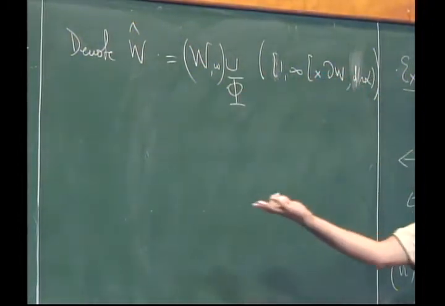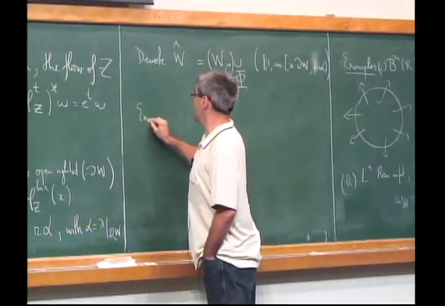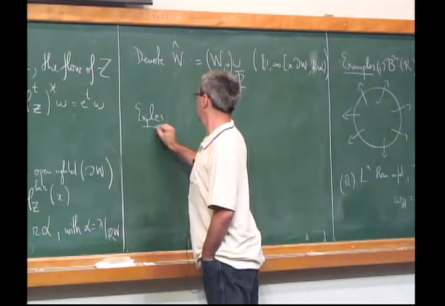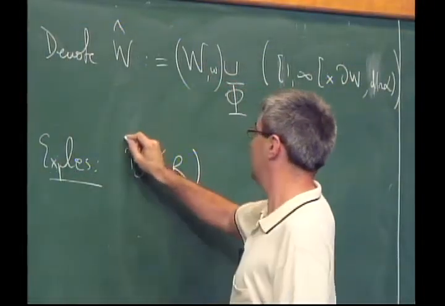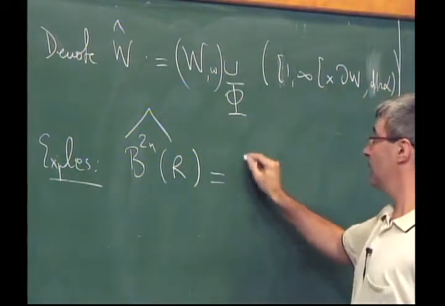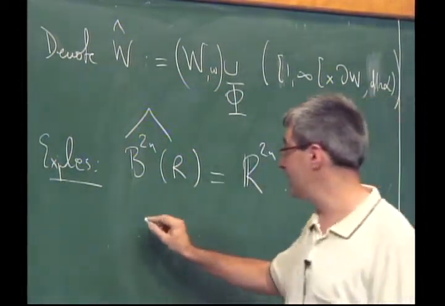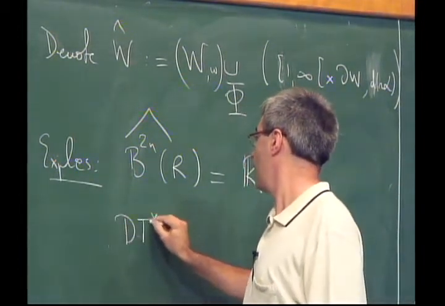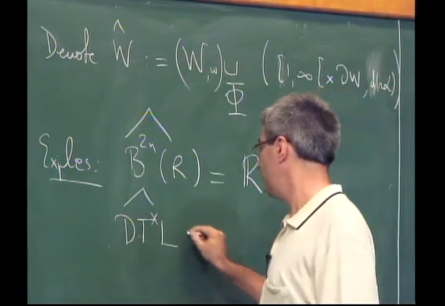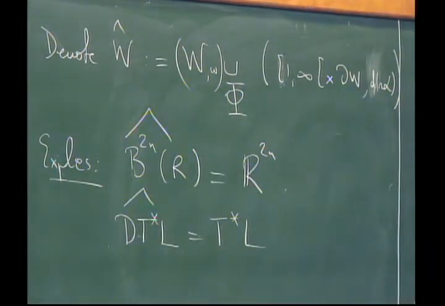And what's the outcome of this construction? Well, in the case of the ball, unsurprisingly, you get, by this process, R^{2n} itself. And in the case of the unit ball bundle, you get, by this process, the full cotangent bundle.